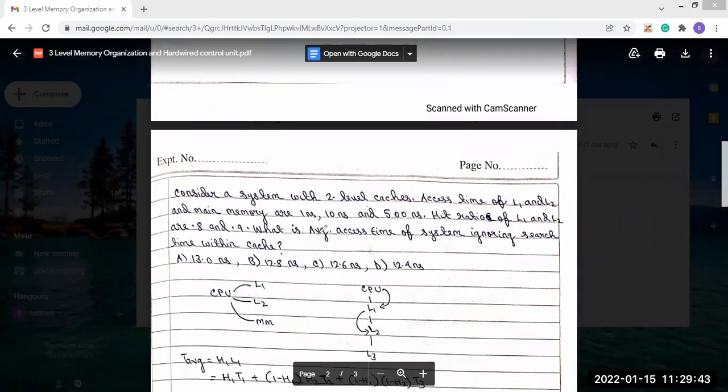So three devices are present, which means we have to use the three-level memory organization. In this three-level memory organization, we know there is the independent organization and the hierarchical organization. So we have prepared that.